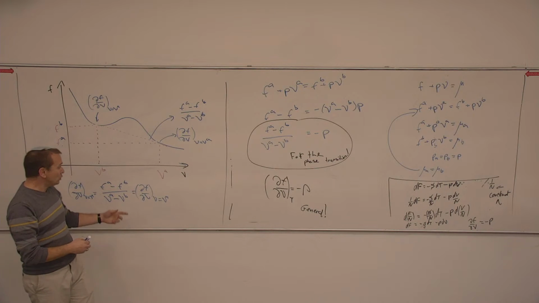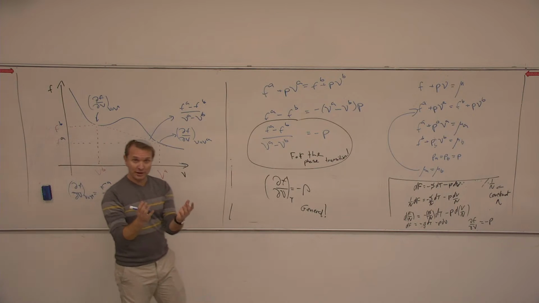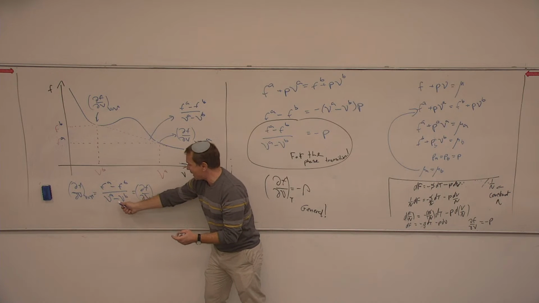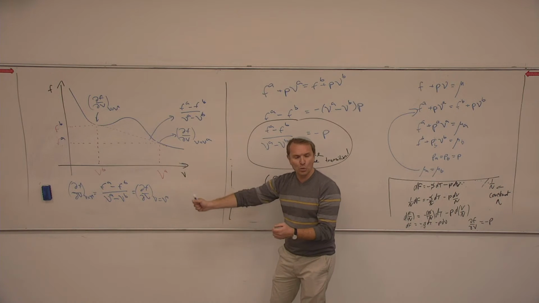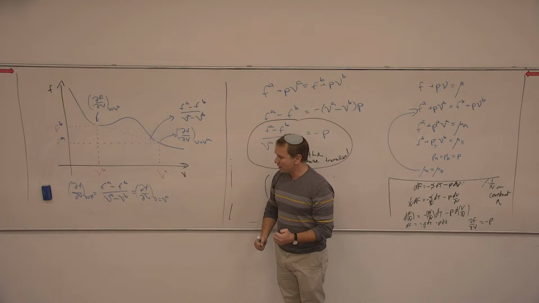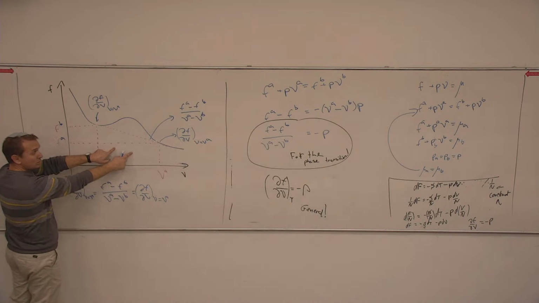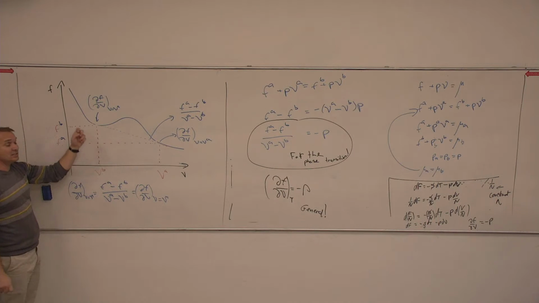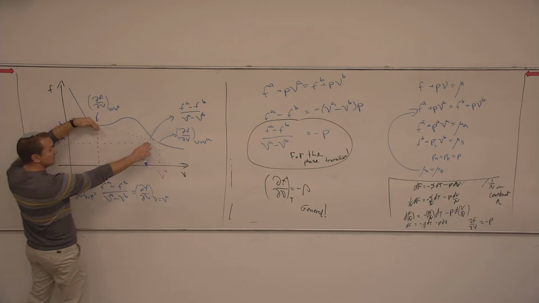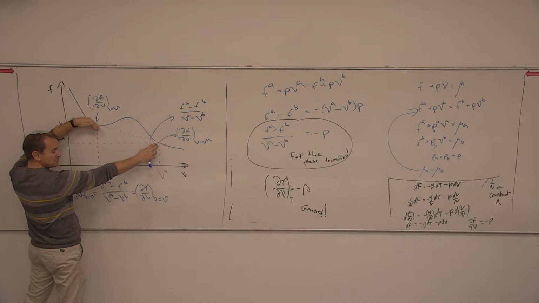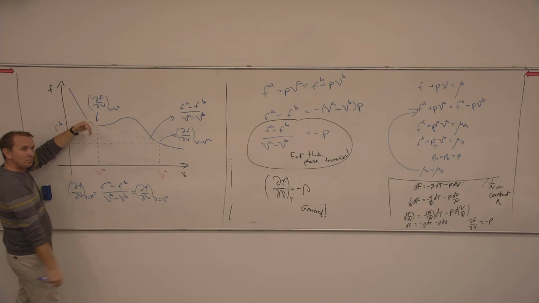So this equation is always satisfied when nu A goes towards nu B. Right? But, and this is the interesting point, there are some specific points where these derivatives are exactly the same, but the volumes are different.